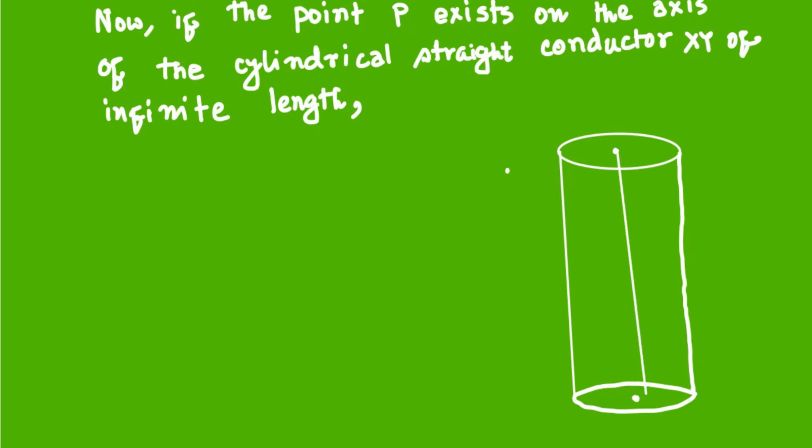If the point P exists on the axis of the cylindrical straight conductor XY of infinite length, then, as in the diagram, O is a point on the axis of the straight conductor XY, the cylindrical straight conductor, and P is a point which exists on the axis. Now the distance of the point P from the point O is small r.